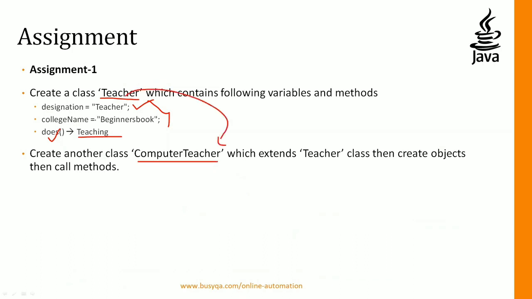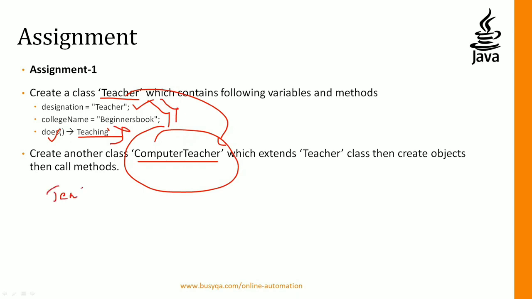Then we'll get all the variables and methods. Then create one more main class, and create an object for the ComputerTeacher class, and then try to access these variables and this particular method. Basically, this uses the inheritance concept.